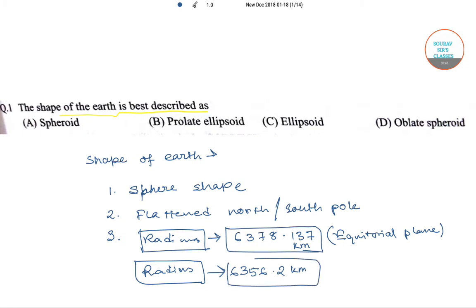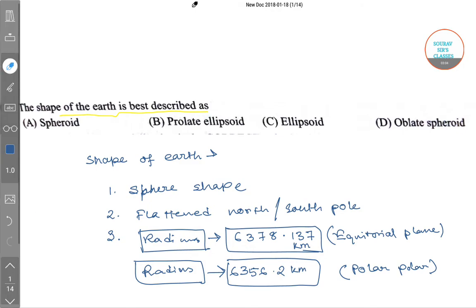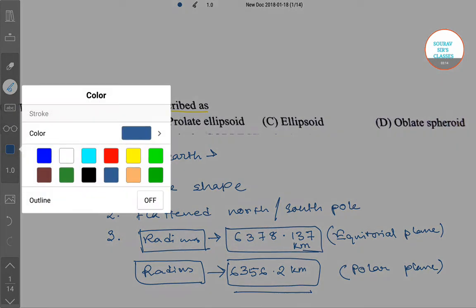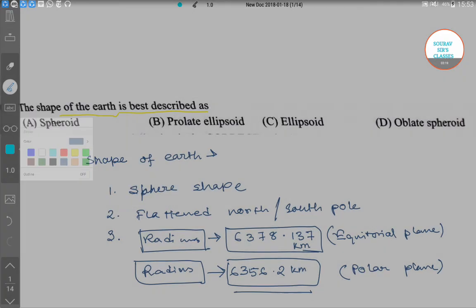So this is by the polar plane. If we measure the radius by the polar plane, that will be this radius. I'm just drawing it roughly, and choosing this color.